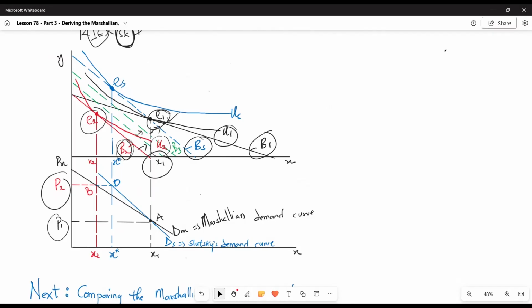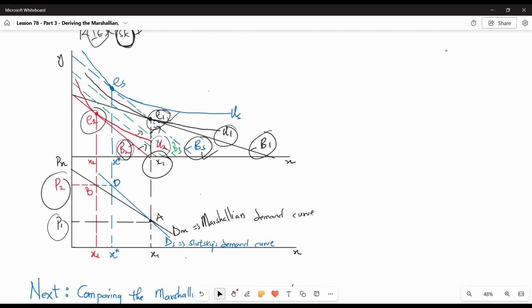This imaginary budget line represents the compensation for the price change. The consumer will be compensated until they have enough income to afford the original bundle E1 despite the price change. This is represented as budget constraint BS.